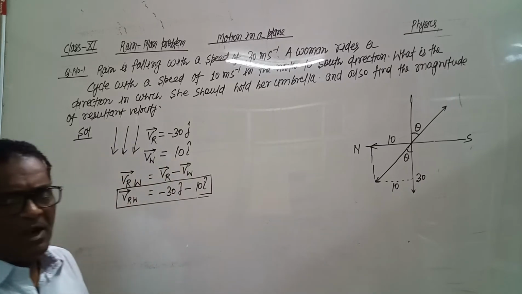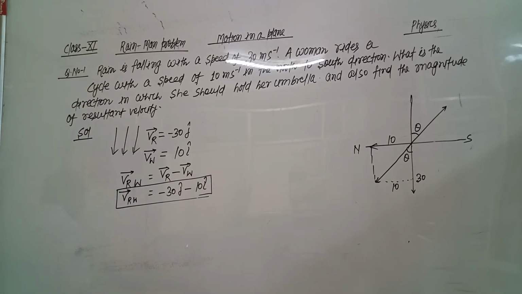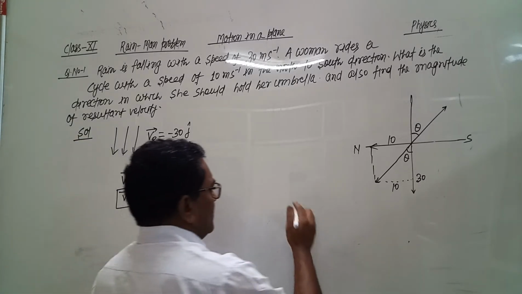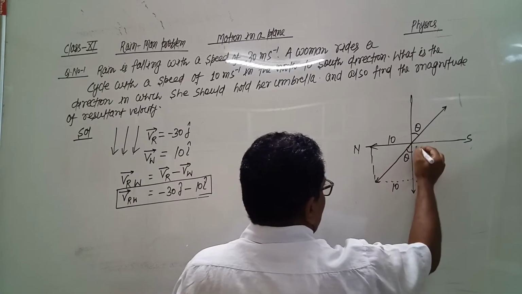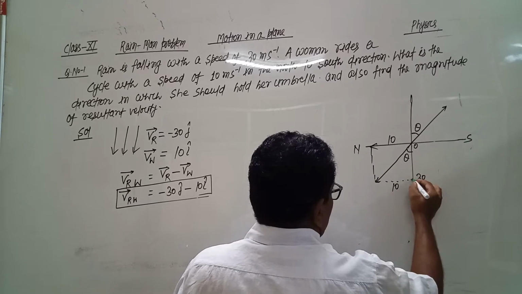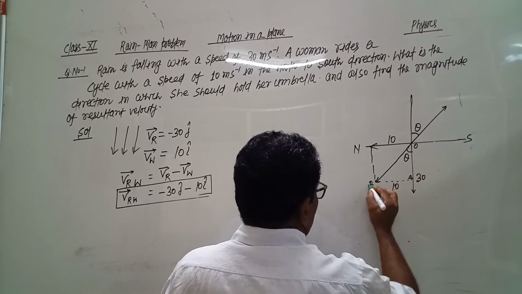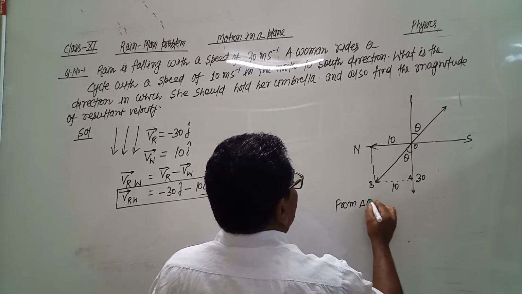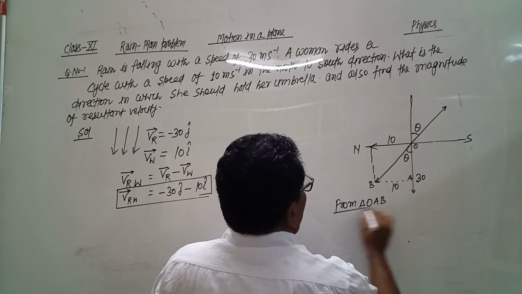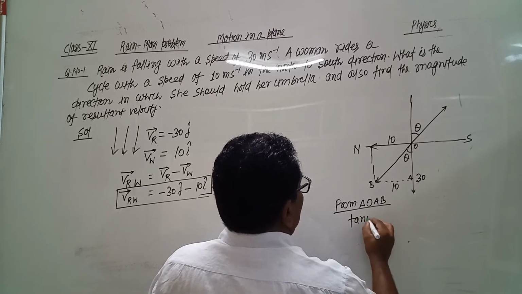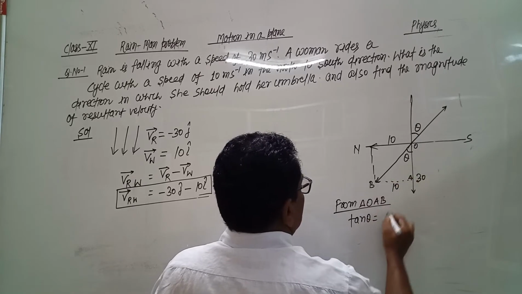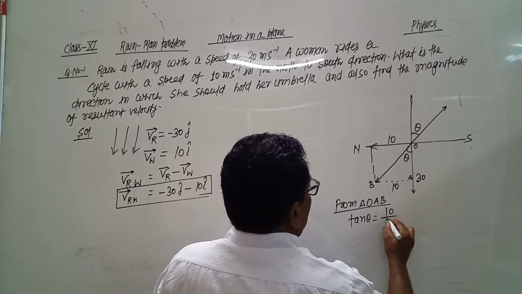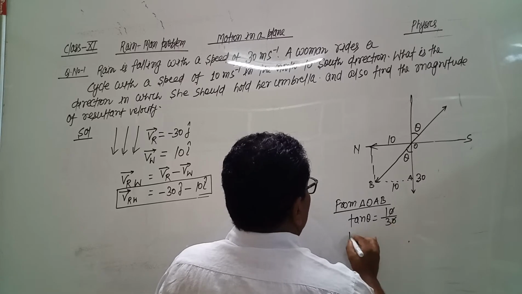We use the formula for tan theta. Tan theta equals perpendicular upon base. So in this triangle, name it OAB, from triangle OAB, tan theta equals perpendicular upon base, 10 by 30, which is 1 by 3.